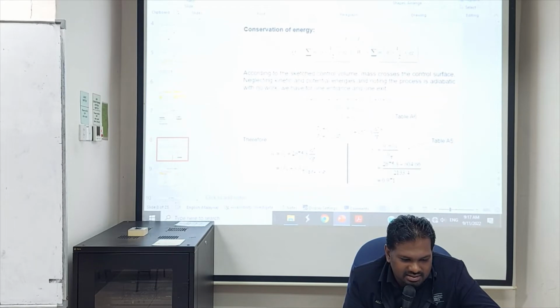This is obtained from table A6. Then you can apply this formula.